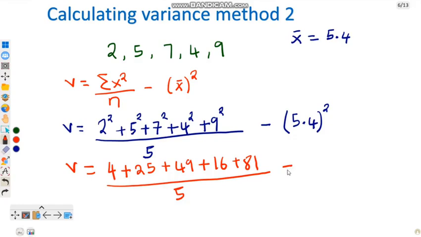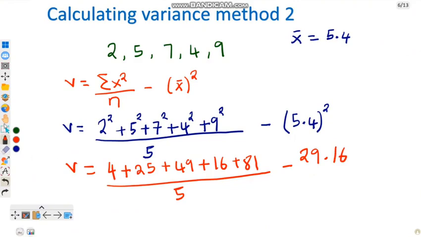We see what we are going to get. 5.4 squared will give us 29.16. I hope that you are following through.